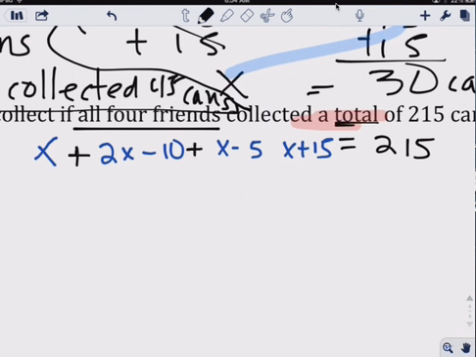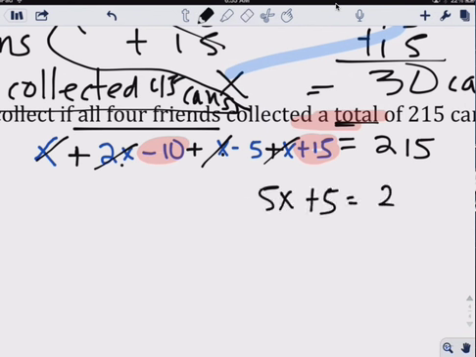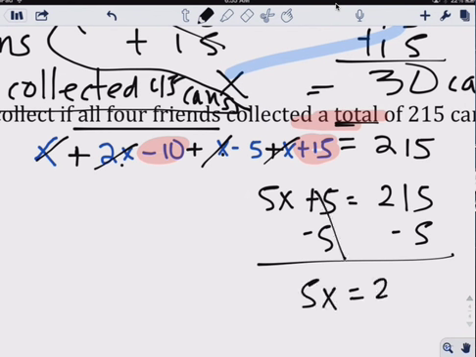I'm going to add them all, and it has to equal that. So that's 3, 4, 5x all together. And these two are alike. Combine them, we get 5x plus 5 equals 215. Minus 5, minus 5. 5x equals 210. Divide by 5.